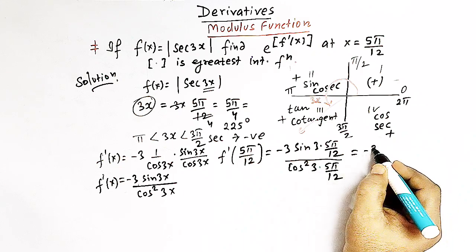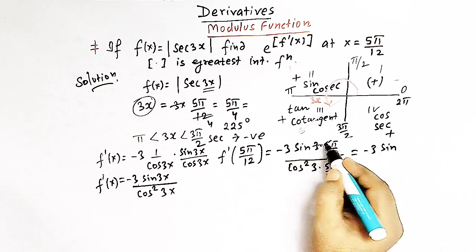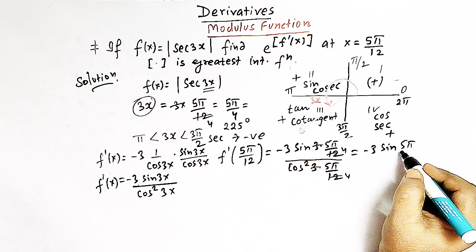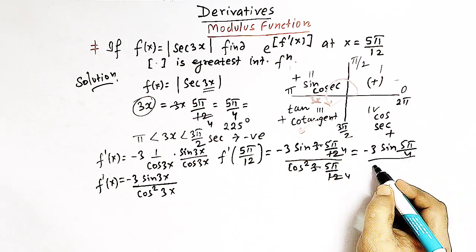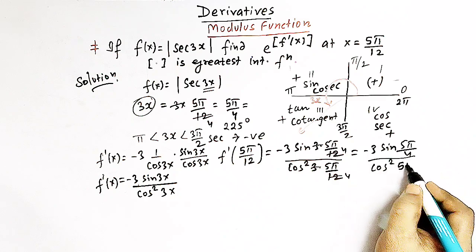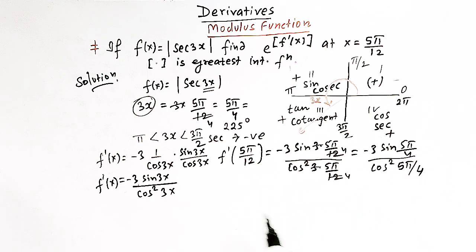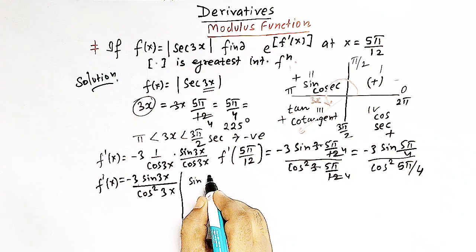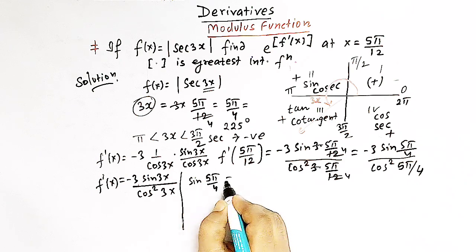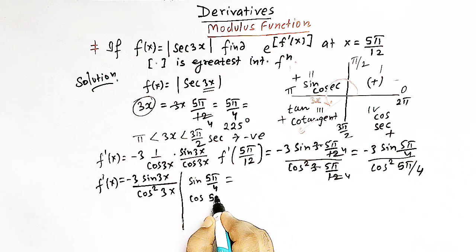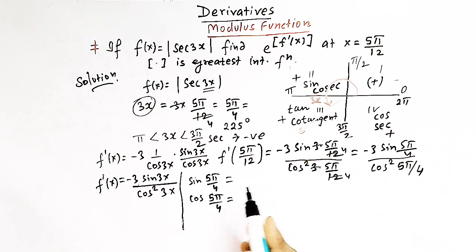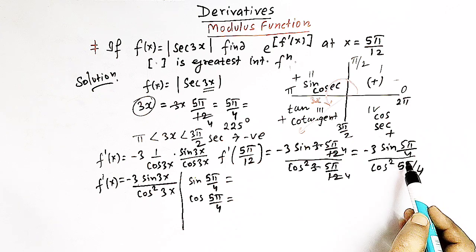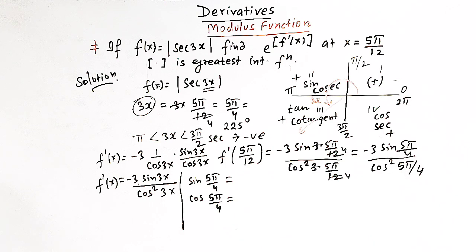So here we have minus 3 sine, this is 3 times 4, this is 3 times 4, we have sine 5 pi by 4 divided by cos square 5 pi by 4. So now we have to find the value of sine 5 pi by 4 and cosine 5 pi by 4. So let us use some trigonometry to get the values of sine 5 pi by 4 and cos 5 pi by 4.